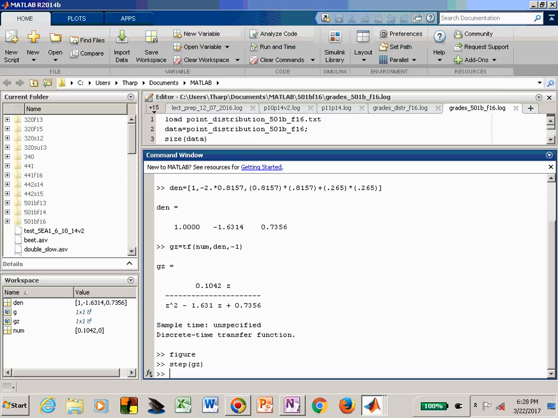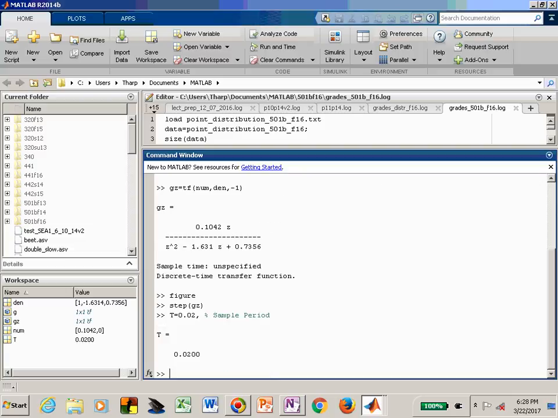Now we could go back and say, suppose that I wanted to do that for a given sample period. Let's say that T was equal to 0.02. Let's just say that that's our sample period. Then we could define a transfer function with that particular sample period, and it will do it.